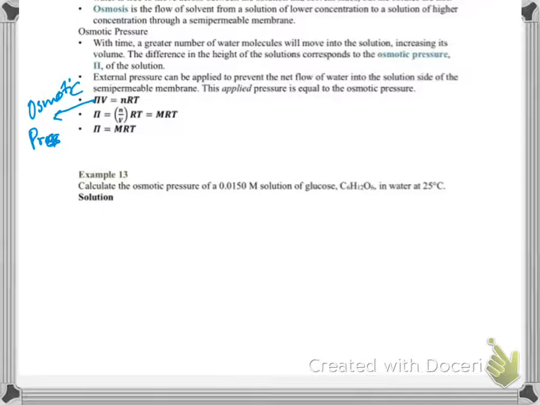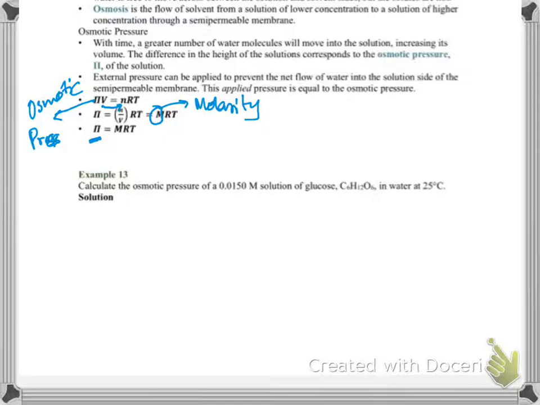Pi V equals nRT. n is the number of moles, V is the volume, R is a gas constant, and T is the temperature. And if I take this V on this side, it will be n over V, and n over V becomes M, uppercase M, which is molarity. So ultimately, your formula becomes osmotic pressure equals molarity times R times T.